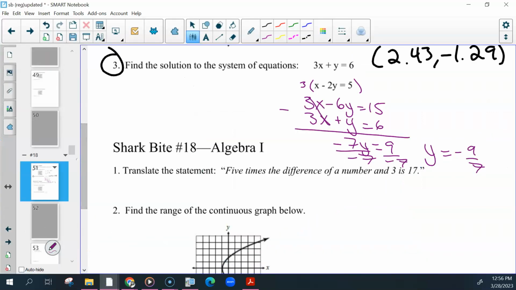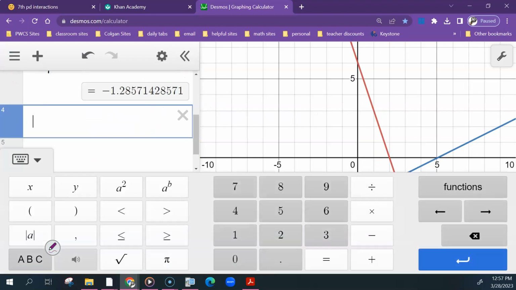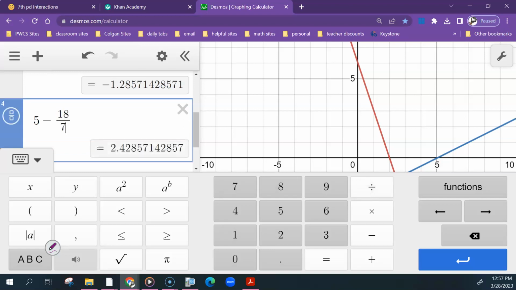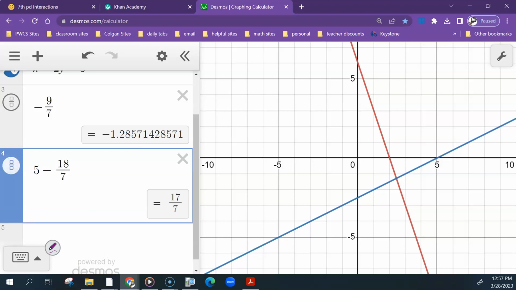Then I could put that back into one of my equations to find x. So let's say I put it in this one. So this would become x plus 18 over 7. I would subtract 18 over 7 from 5, which is going to be 35 minus 18 over 7, and we would get that same decimal, or 17 sevenths.